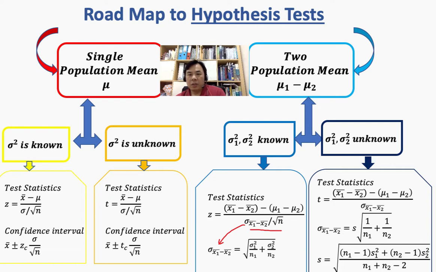So for this last case here, we are making the assumption that the variances for both populations are equal. Therefore, we are going to use the pooled variance formula here.